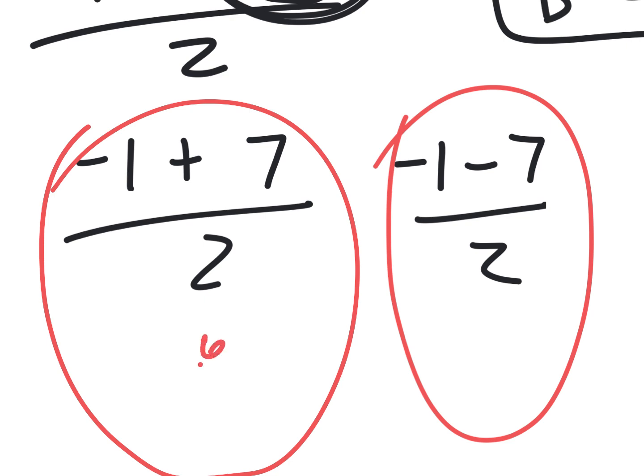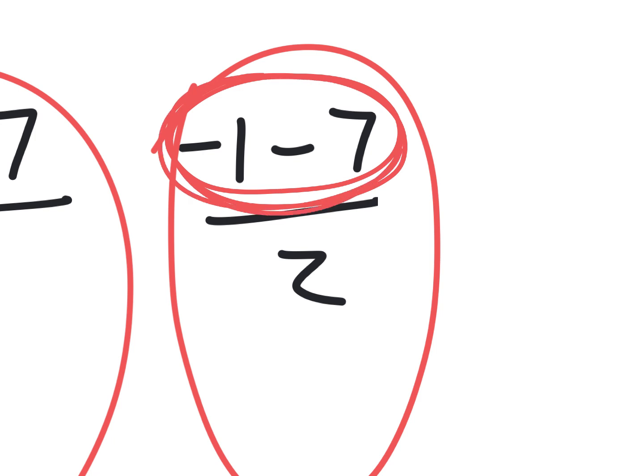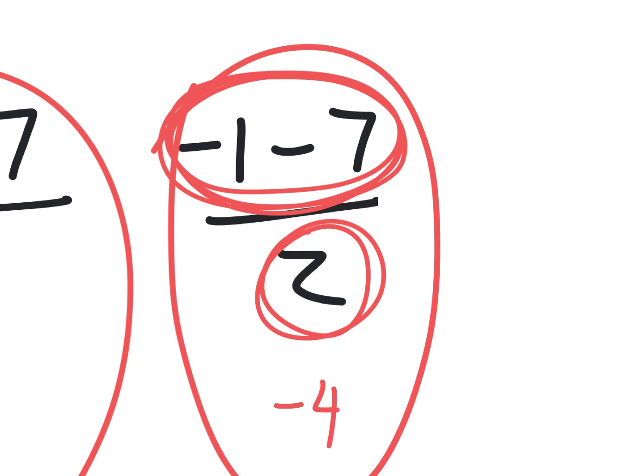This one's 6 over 2, which is 3. Raise your hand if 3 was one of your solutions. Good. And then Stella, help me out with this one. What's -1 minus 7? Nope, that one's -8. Because they're on the same team. They're -1 and -7. So it makes -8 divided by 2 makes -4.